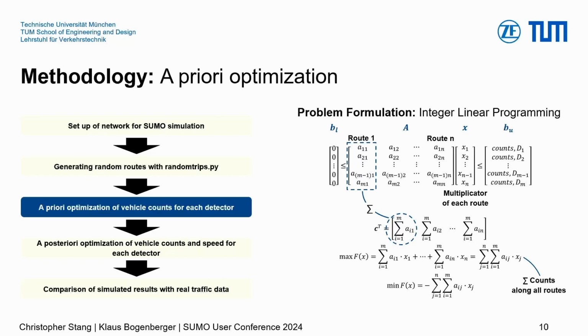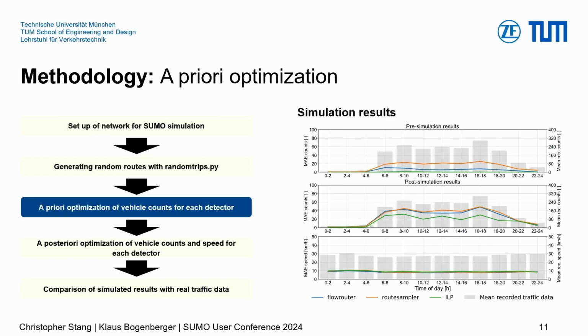At this point, I think it makes sense to have a look at the first results of the a priori optimization. First of all, we've also depicted the corresponding results produced by flowrouter and routesampler, and these results have been compared to the integer linear programming algorithm.